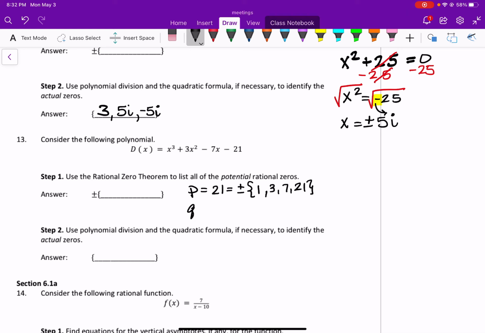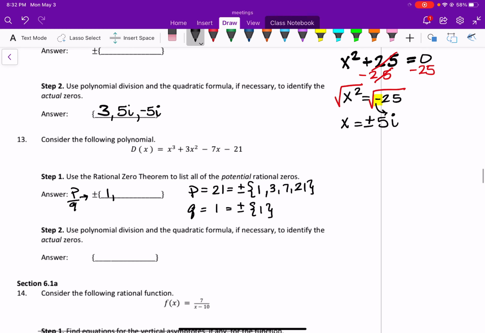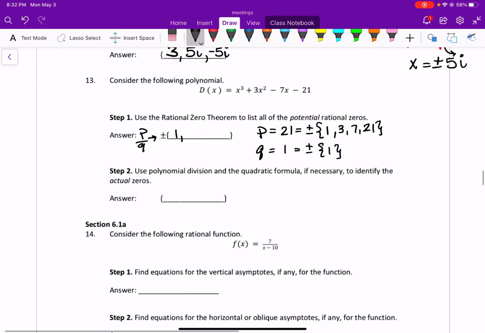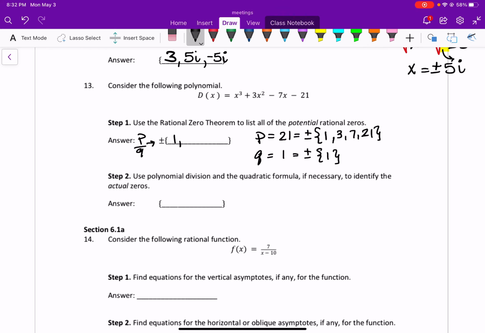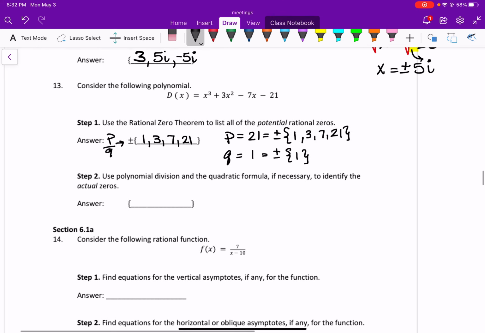Again, on this one, our q is 1, so our factor of q is just plus or minus 1. So when we do our p divided by q right here, we're just going to get our list, because 1 divided by 1 is still 1, 3 divided by 1 is 3, and then 7 and 21.